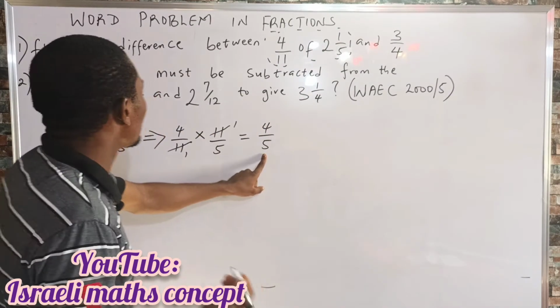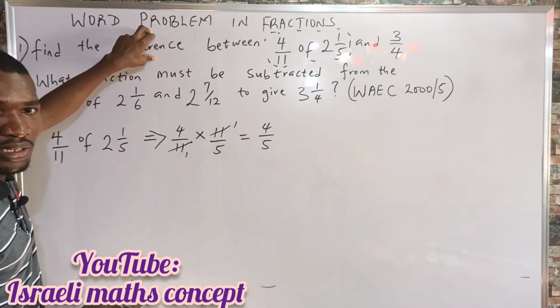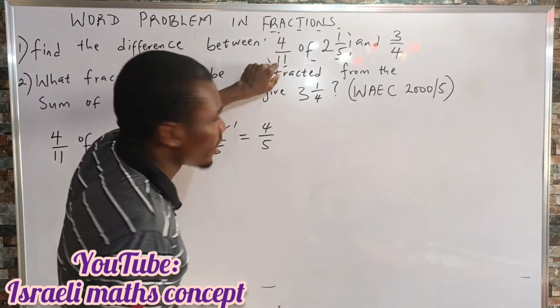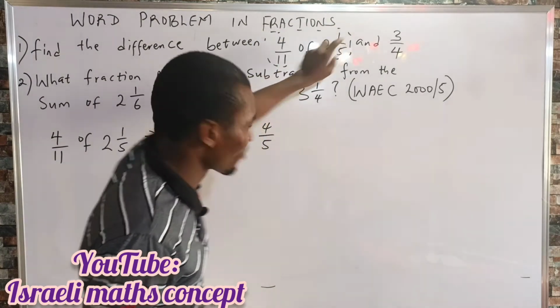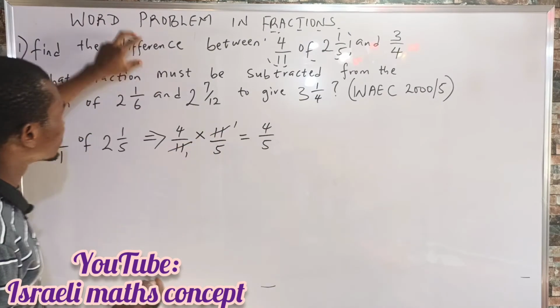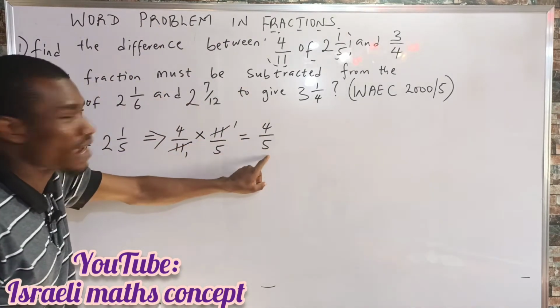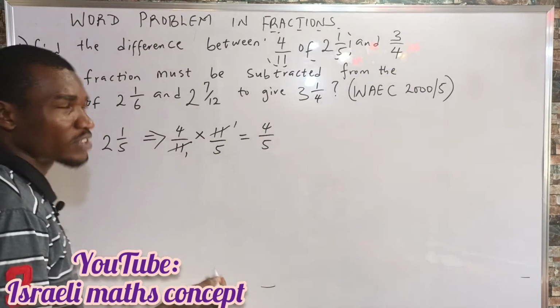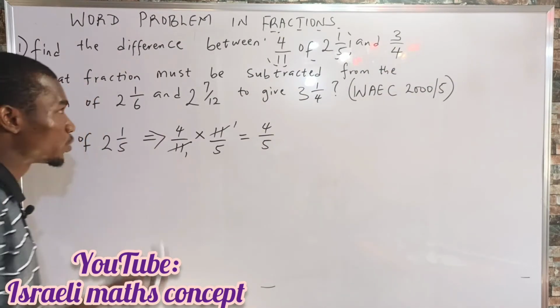So we are asked to find the difference between 4/11 of 2 whole number 1/5 and 3/4, but we are not considering all this number because we've gotten this number already to be 4/5. So we want to check for the difference between 4/5 and 3/4. Remember, the difference is just the subtraction that you should include in it.